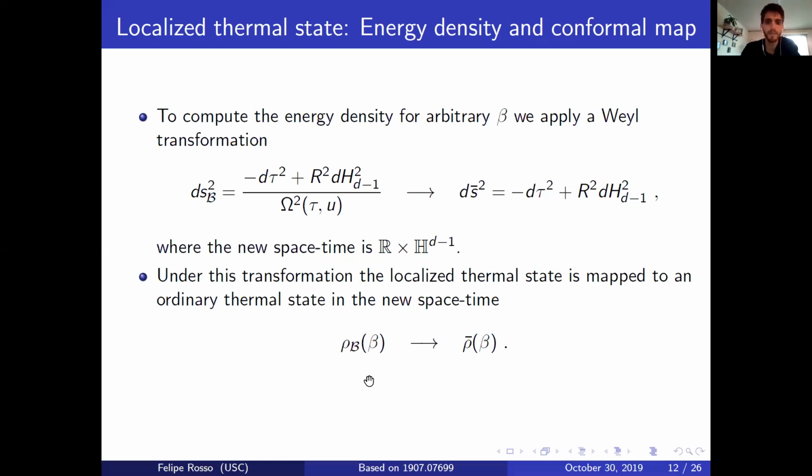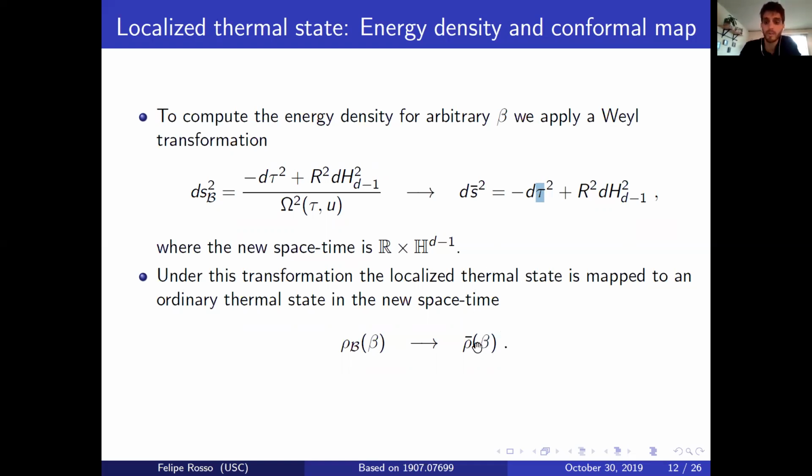Because under this transformation, the localized thermal state is mapped to a real thermal state. Notice that this is already evident from the transformed metric, where now tau translations are an isometry of the metric. We see that there is no tau dependence in the metric, meaning that as you translate over tau, it is a symmetry of the metric.